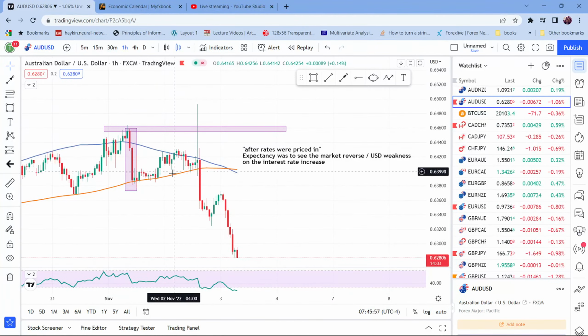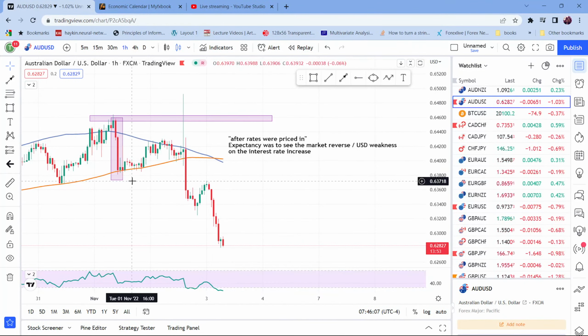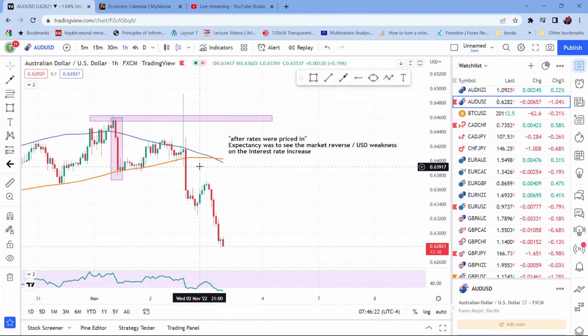So at the point when the actual news event comes out, if we already priced that in, if the markets already took that information that we're going to get that increase and ran with it at the initial get-go, then once rates do come out as expected or lesser than expected, that will be weak for the dollar, or whatever currency you are looking at, because you already priced it in.